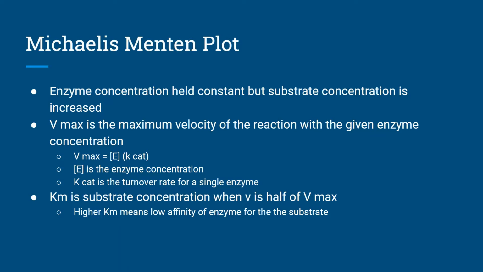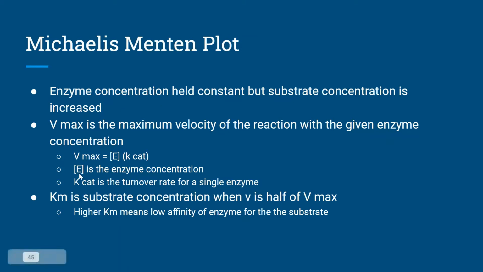That's pretty much the rate of catalyzing the reaction by a single enzyme. That makes sense, since if you take the rate of a single enzyme and multiply it by how much enzyme you have, you'll have the maximum velocity with the given enzyme concentration.